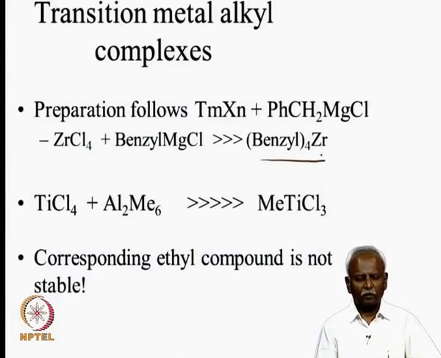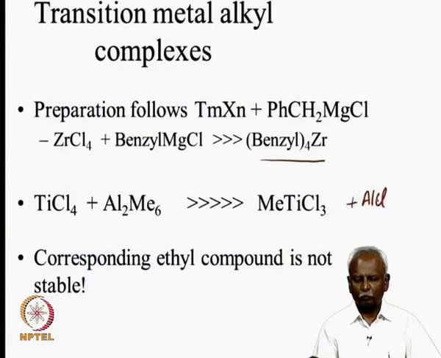And similarly, you can make the titanium species starting with a transmetallation reaction between aluminum and titanium. And since the aluminum chlorine bond is much stronger than the titanium chlorine bond, the aluminum chlorine bond is formed on this side.